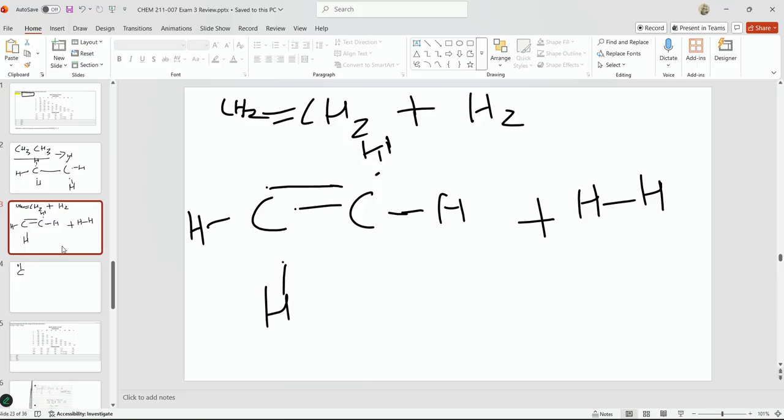So now we're looking at how many bonds. The formula for this question is bonds broken minus bonds formed, right?